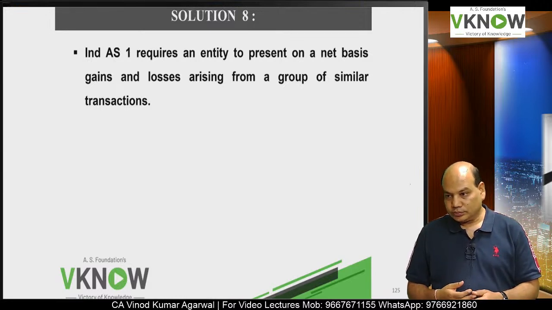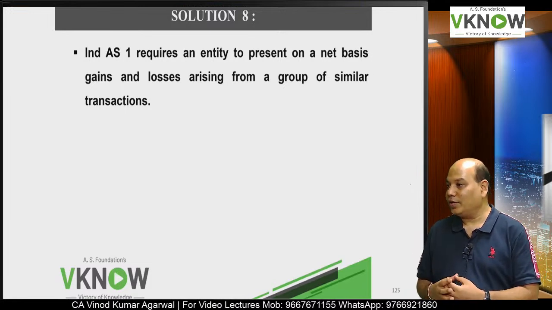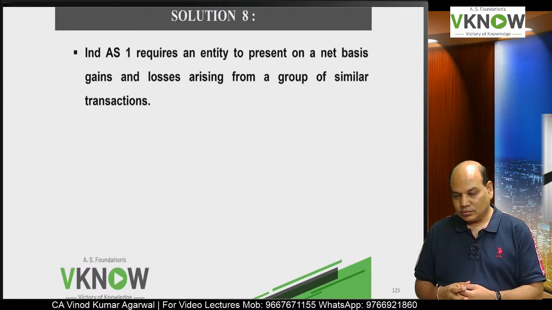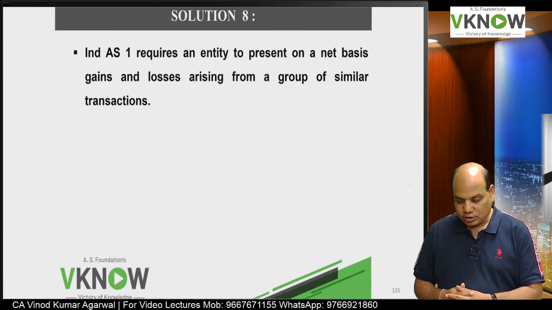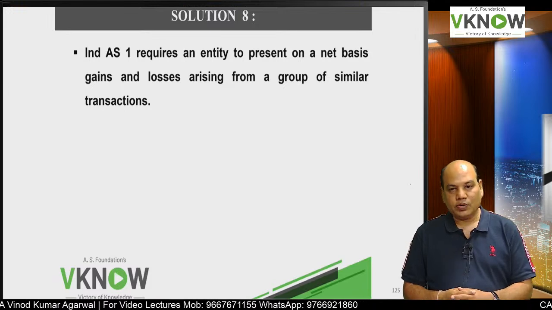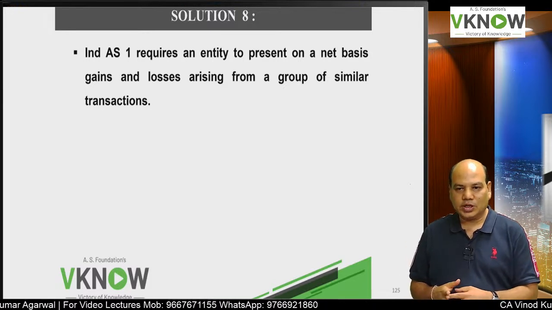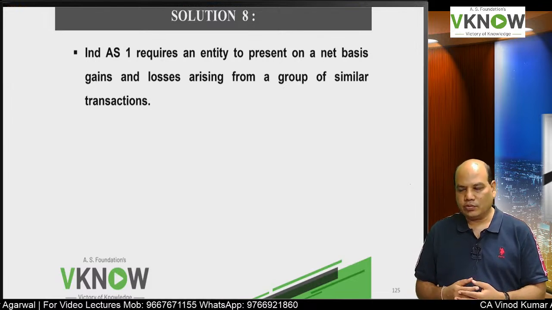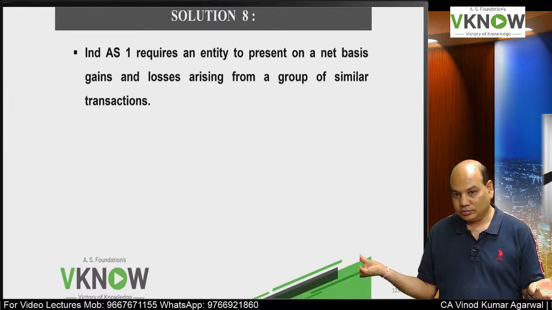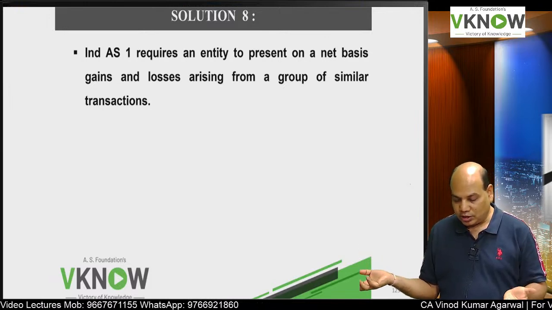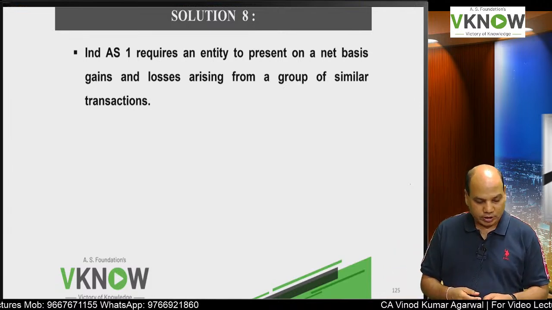But of course, if the nature of the transactions is very different, then ideally they should be shown separately. If you have sold 5 cars, 3 of them resulted in gain, 2 of them resulted in loss, you can put it as one transaction. But if you have sold a car at a profit, land at a loss, car at a profit, land at a loss, then maybe it is better to present separately.